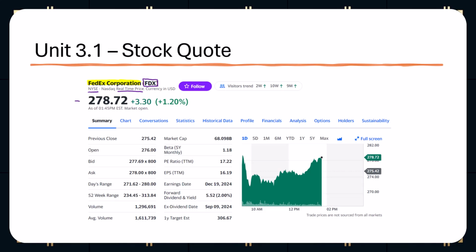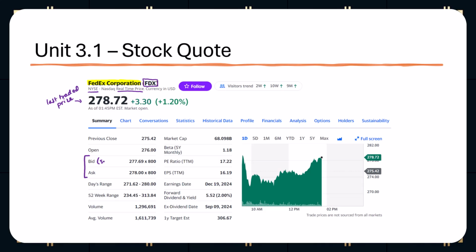The most recent or last traded price is $278.72. However, if we're going to buy or sell the stock, we don't want to look at the last traded price. We want to look at the bid and the ask price within the quote itself.